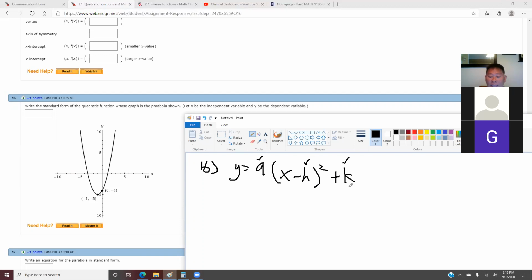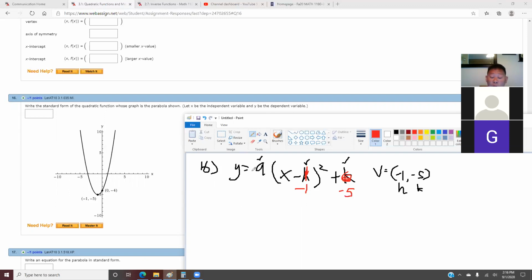The h and k are easily found by finding the vertex. By looking at your graph, the vertex is the minimum point, the turning point. So it's (-1, -5). This is your h, k, so my h in this case is -1, and my k is -5.